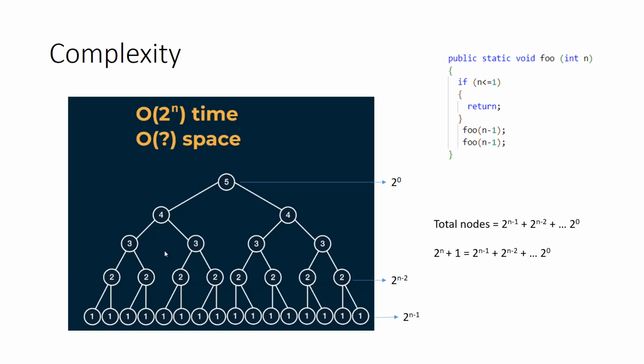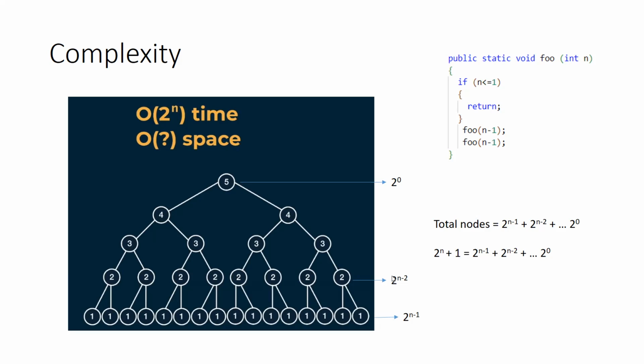So the number of children at this level is the summation of children at the previous 2 levels plus 1. Likewise, 4 plus 2 plus 1 is 7, and 8 is equal to 7 plus 1.